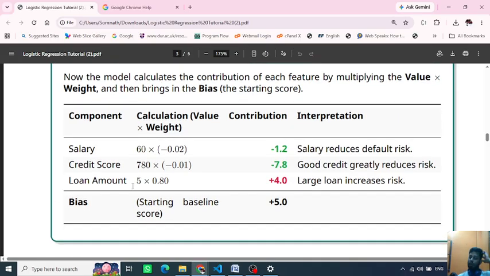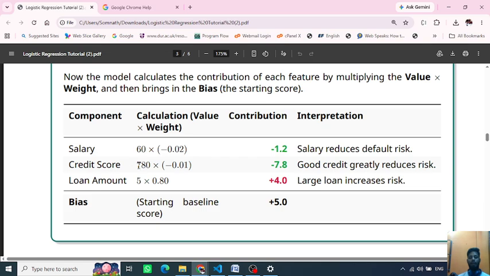First is salary. The calculation is the weight multiplied by the value of the feature. The salary was 60 and the weight was minus 0.02. After multiplying, we got minus 1.2. That means salary reduces the default risk. As I said before, negative means the target value and the feature move in opposite directions.